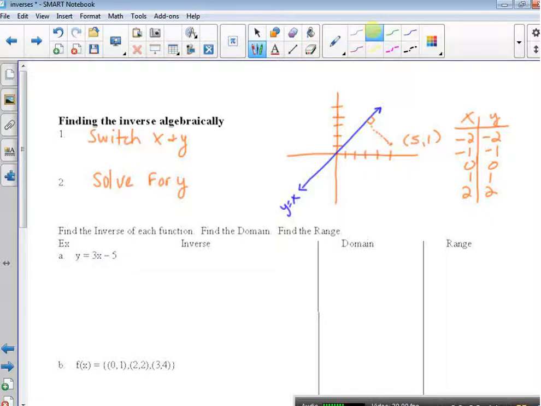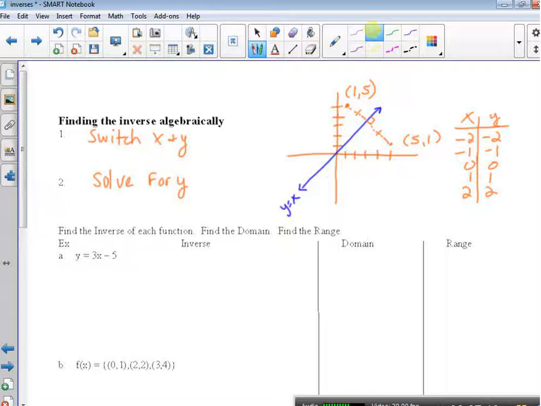So doesn't it make sense, if I had drawn this correctly, using actual graph paper, this distance needs to equal that distance, that this should be the reflected point, which is now 1, 5. So when you reflect over the line y equals x, you should notice that the coordinates are switching. 5, 1 goes to 1, 5.